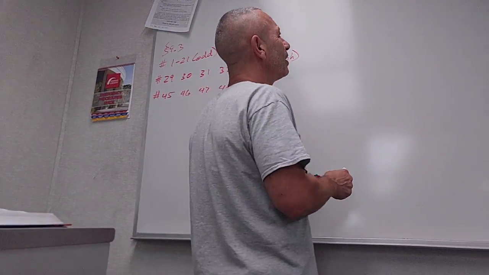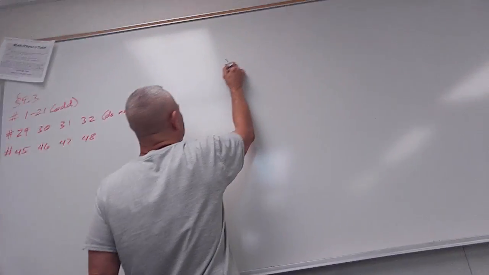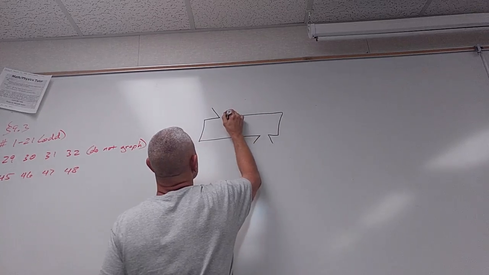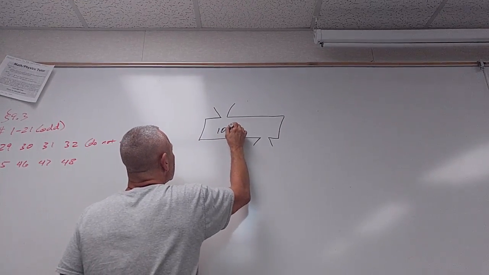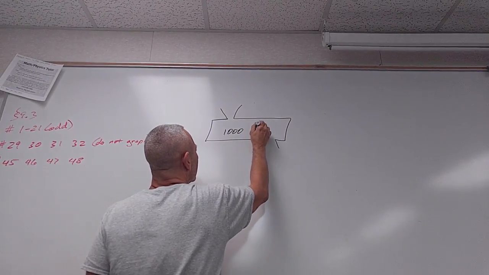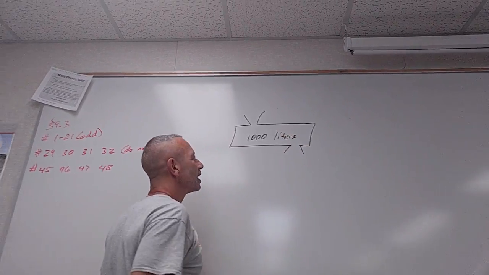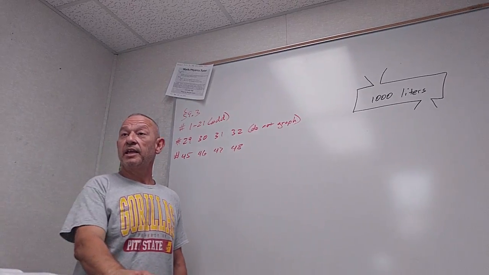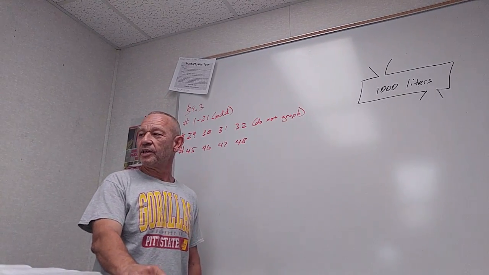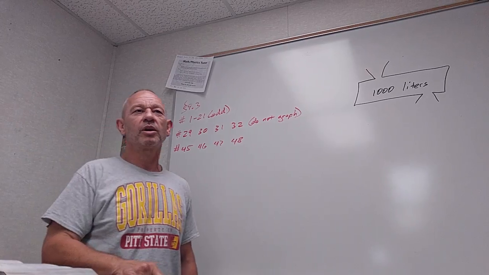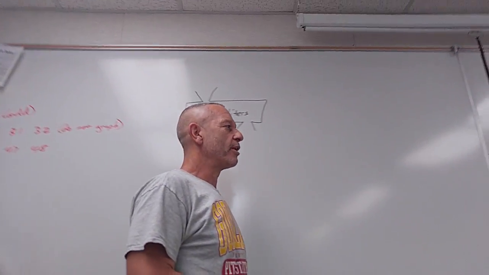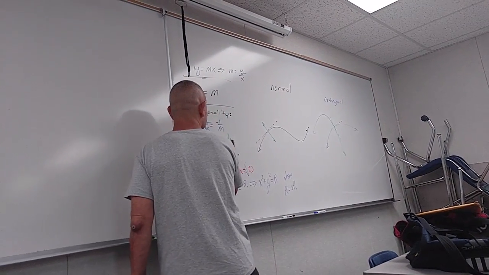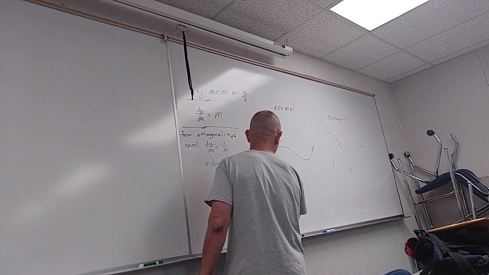Suppose that we've got a vat that holds 1,000 gallons in it. Or let's say liters. 1,000-liter capacity. And let's say that that tank is full of, what do you want it full of? Something with something, water with something dissolved in it. What do you want? Salt water? Sugar water? Alcohol water?